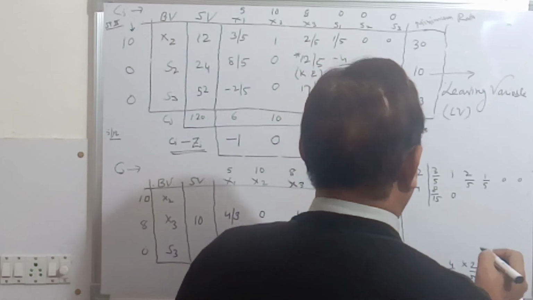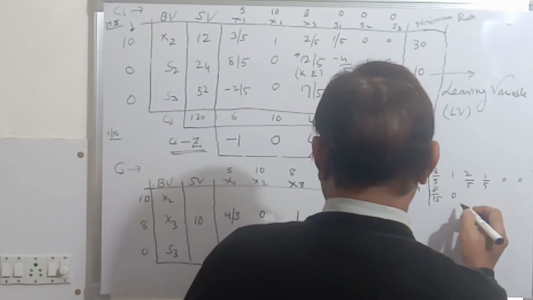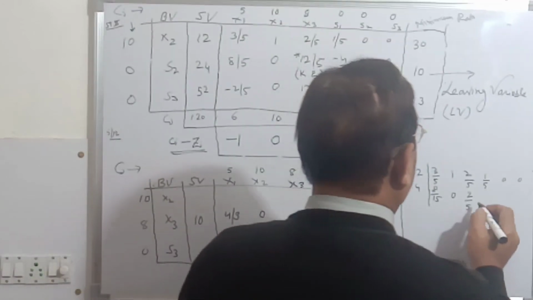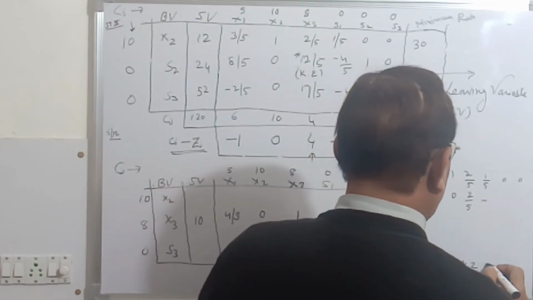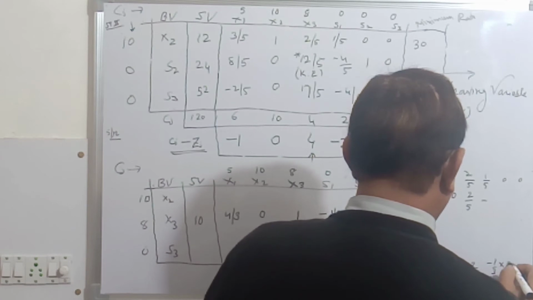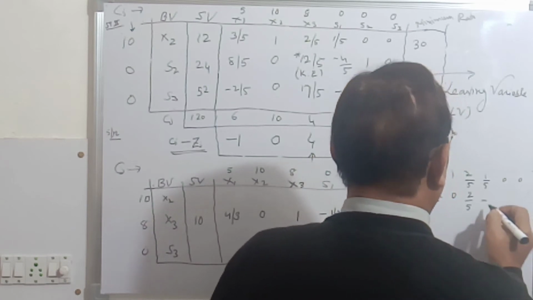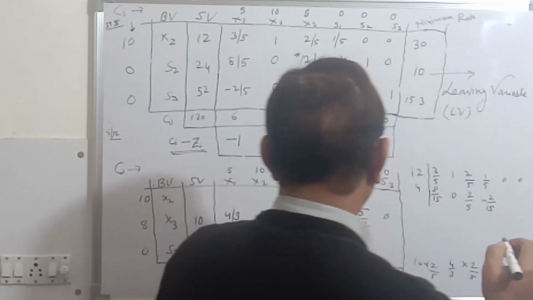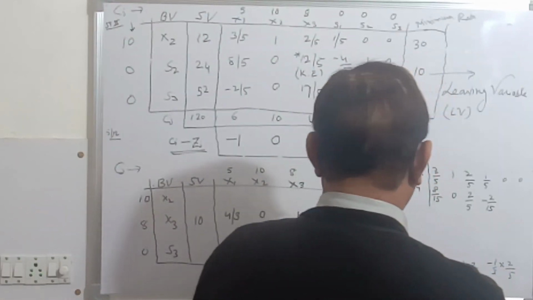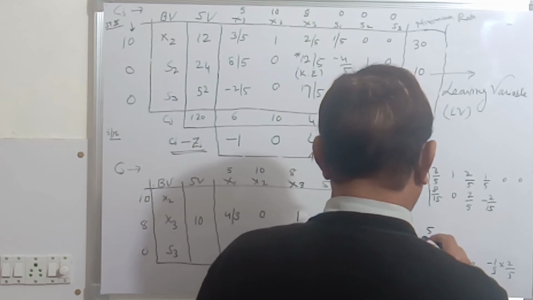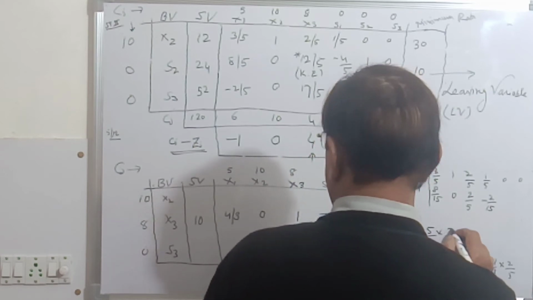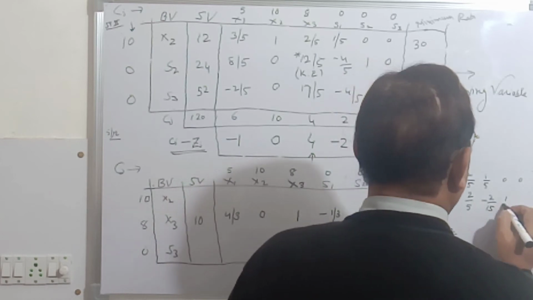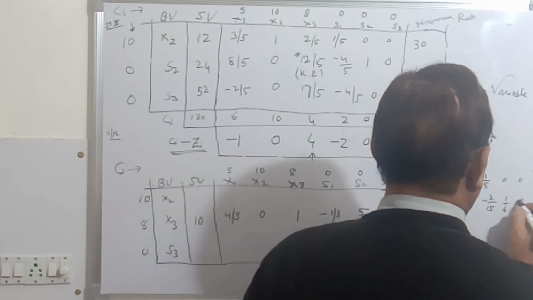Then 1 into 2 by 5, 2 by 5. Minus 1 by 3 into 2 by 5, minus 2 by 15. 2 by 5. Then 5 by 12 into 2 by 5, 1 by 6. 0.